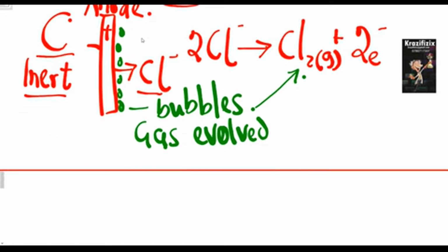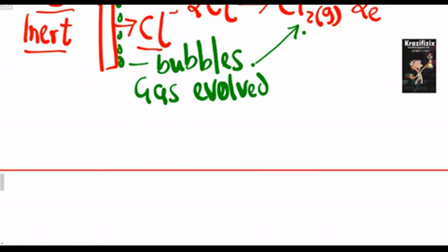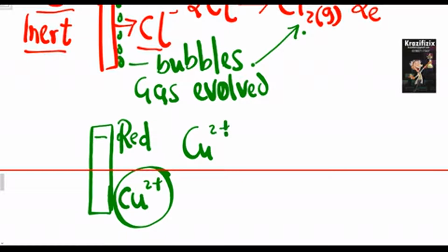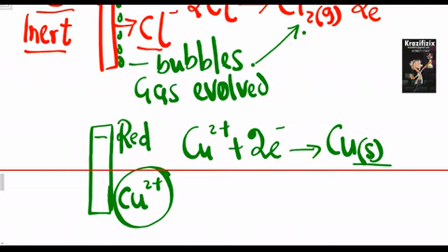All right. Now, what happens at the anode? Sorry, at the cathode, we have negative there, and we have Cu2 plus. Obviously, because this is the cathode, what we are going to have is what? Reduction. Cu2 plus again will be reduced to Cu solid. Again, we have a solid material being produced, which means there is a covering here.